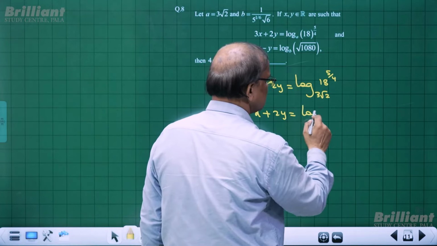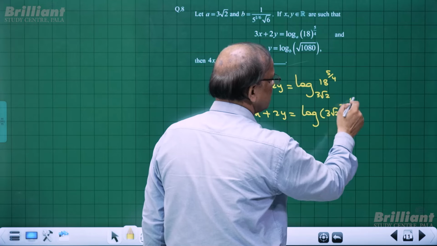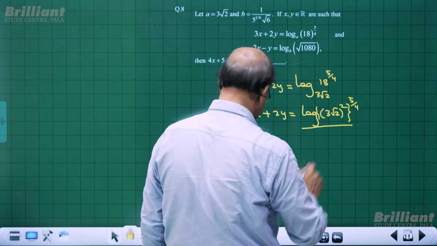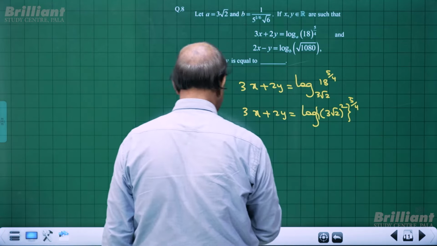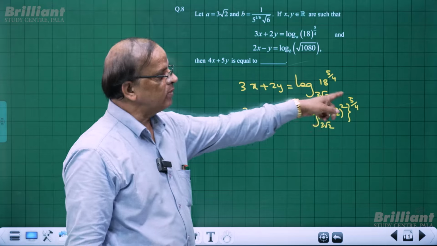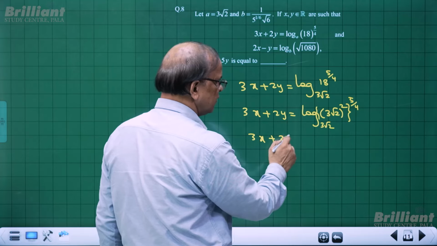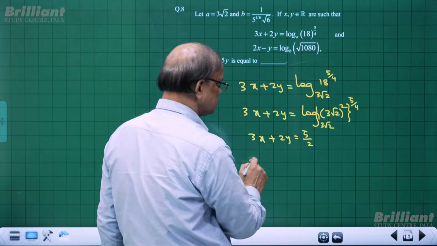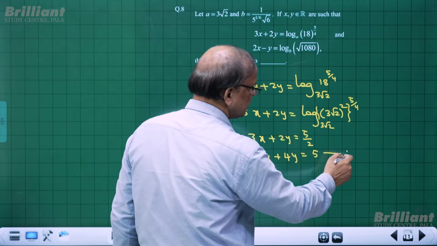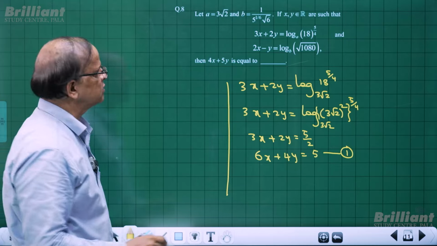So, log of 3 root 2 whole square, then power 5 by 4, base 3 root 2. Now, the 5 by 2 you transfer here. So, 3x plus 2y is equal to 5 by 2, cross multiply, 6x plus 4y is equal to 5, equation 1.